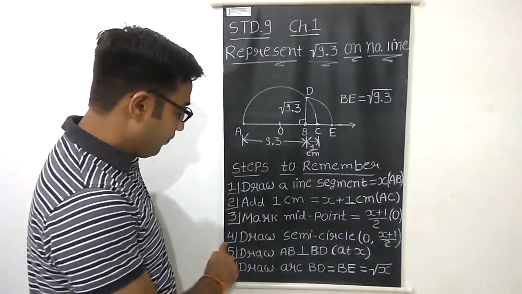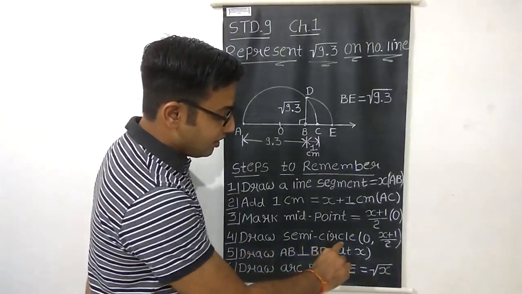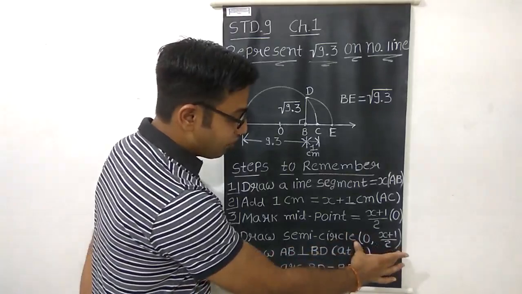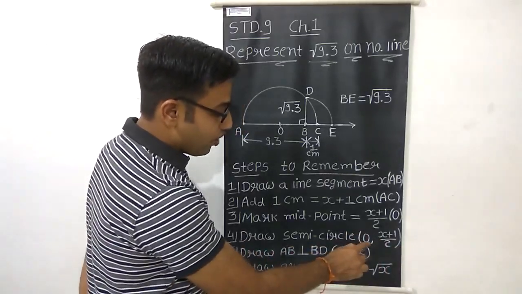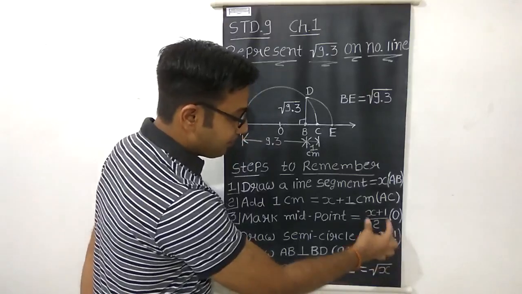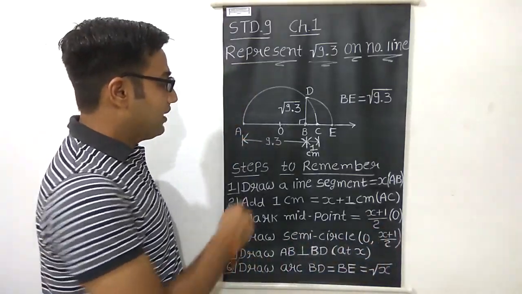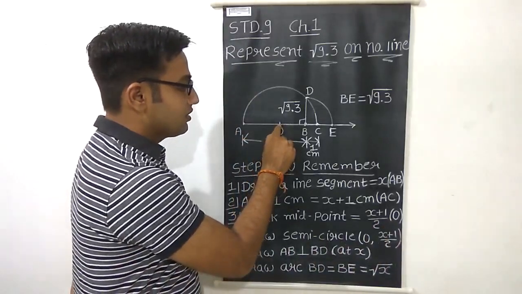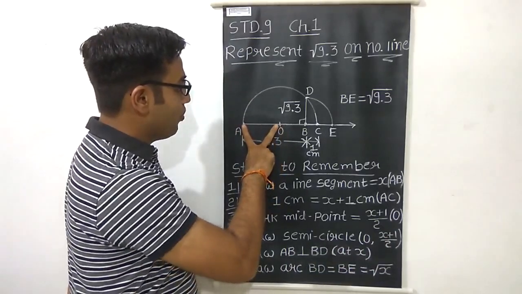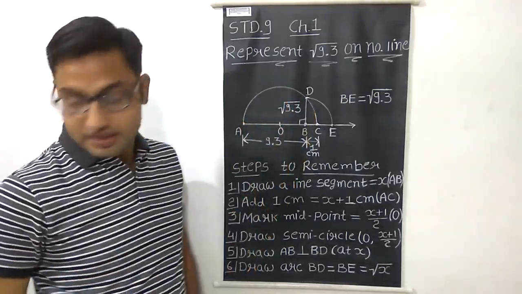Now the fourth step is to draw a semicircle. How to draw that semicircle? By taking O as the center and the previous step's distance as the radius. So by taking O as the center and OA as the radius, we will draw a semicircle.